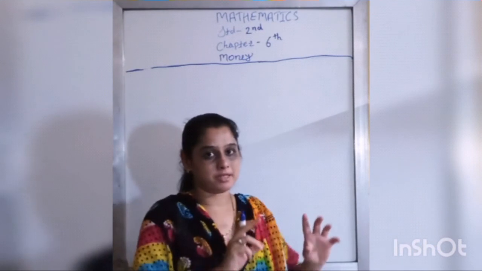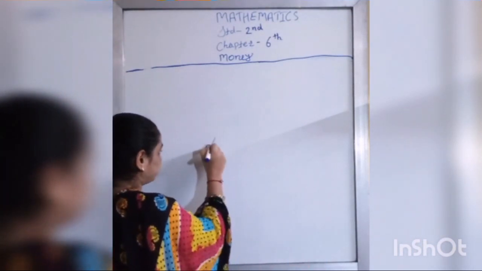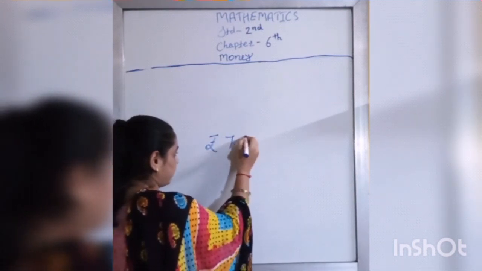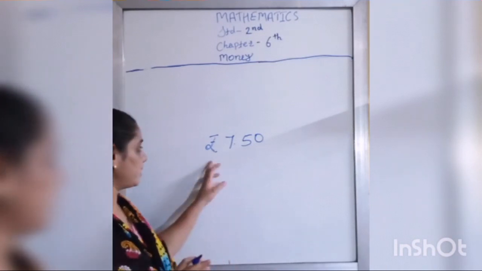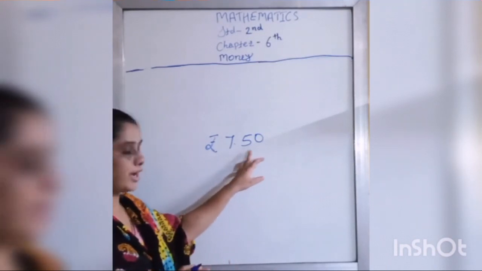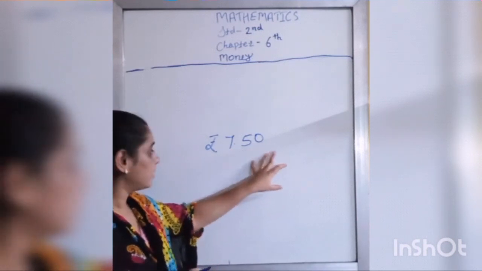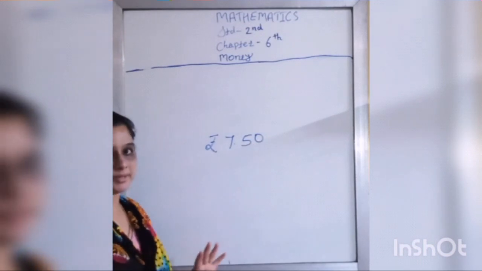It has some specific price. Suppose you buy a pen for 7 rupees 50 paise. You buy one pen for 7.50, that means 7 rupees 50 paise. This type of amount is written on the things.